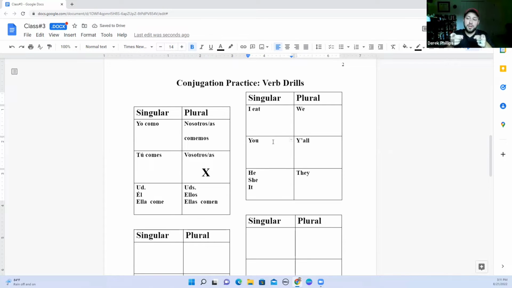For my Spanish speakers, tú, you. So I say in English, you eat. You eat hamburgers. I'm hungry. So we see these forms are the same. They are identical.